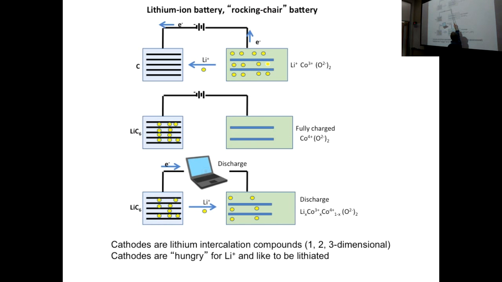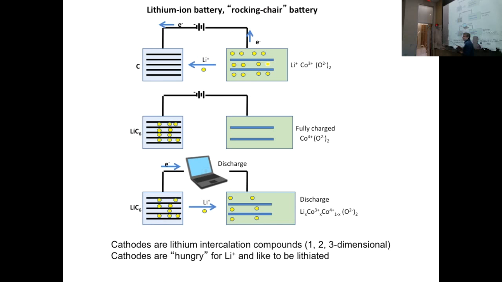The cathode is typically made out of a metal oxide. In your cell phone and laptop, it's made out of lithium cobalt oxide, which has a metal in a high oxidation state, cobalt 3+, when the lithium is inside. When you charge your battery, you're applying an external voltage source up at the top, and pushing the lithium ions out of the cathode and over into the anode, which is typically graphite.